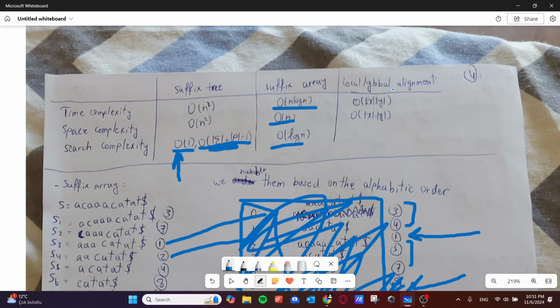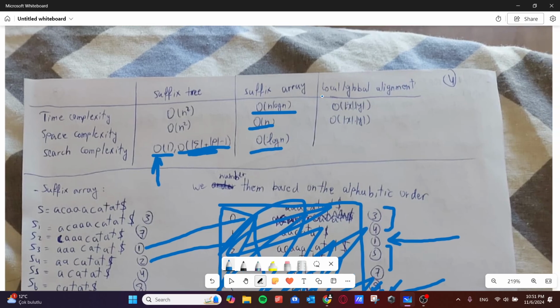For the local and the global alignment, for the local, he gave us x multiplied by y and x multiplied by y. For the global, I don't know if it's the same because he didn't give us the complexity in the lectures. He didn't talk about it.